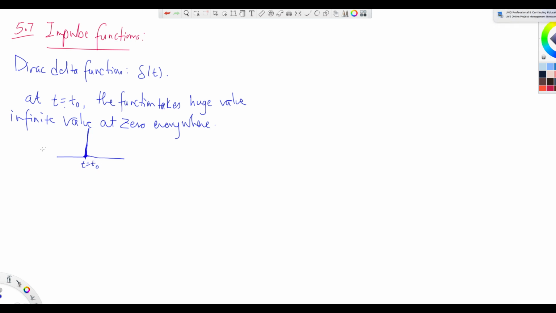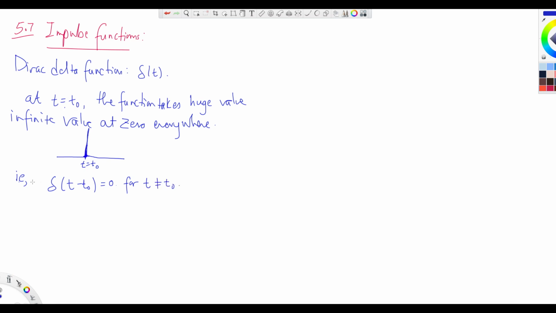So what we just mentioned can be written as: delta(t minus t0) equals 0, meaning that other than at t0 the value is 0, for t not equal to t0.